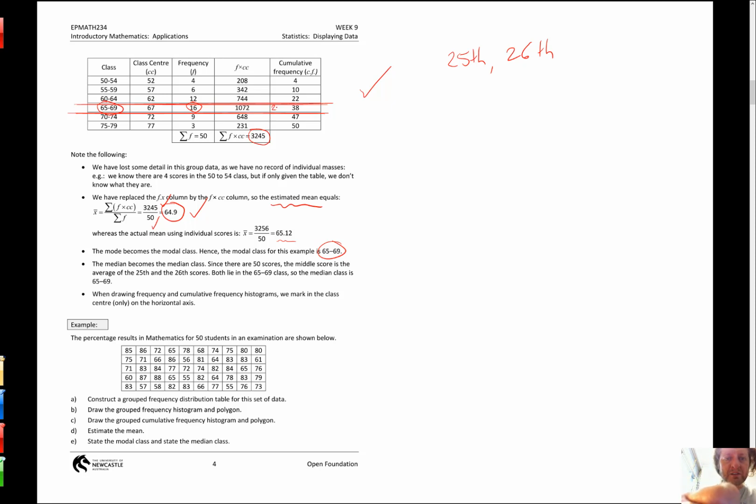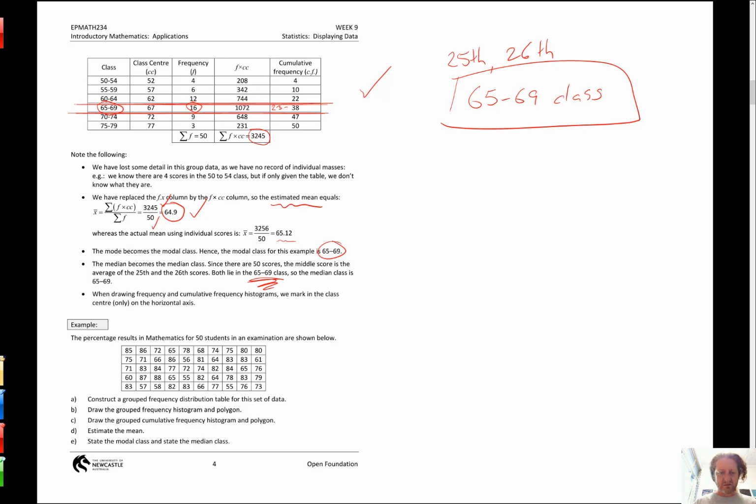Hence the 23rd score all the way up to the 38th score lay here, which is exactly the 25th and 26th scores. 25th and 26th scores both lie in the 65 to 69 class. Hence that's my answer. Right there. Both lie in the 65 to 69 class. Great. So it's worthwhile here to do this example.